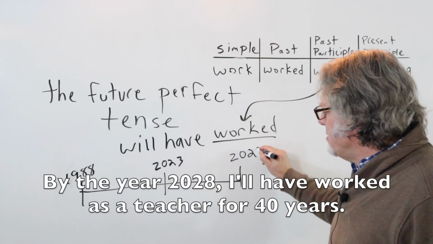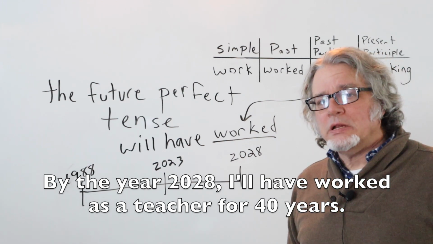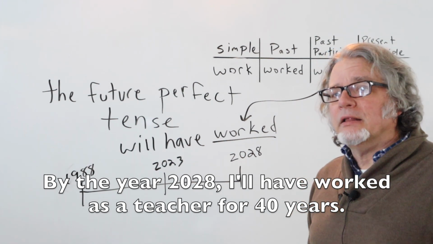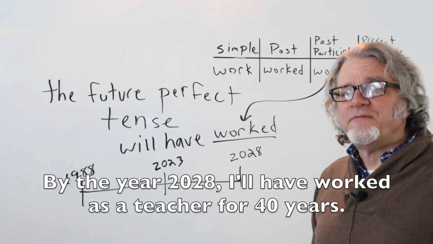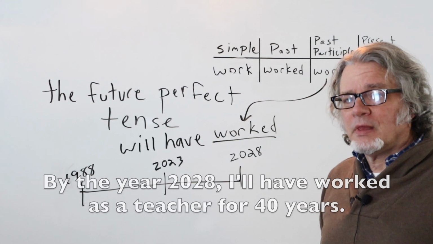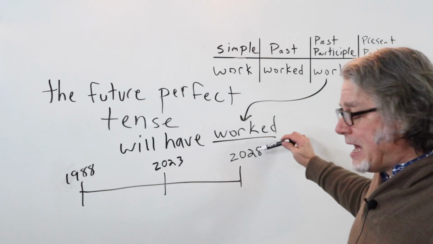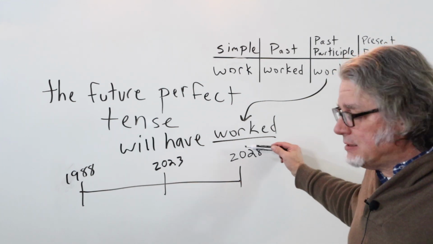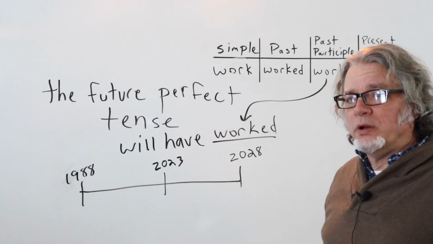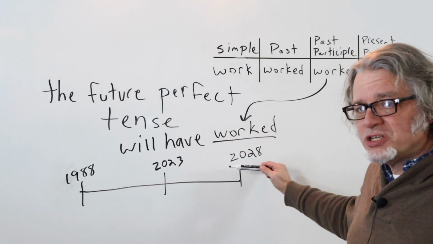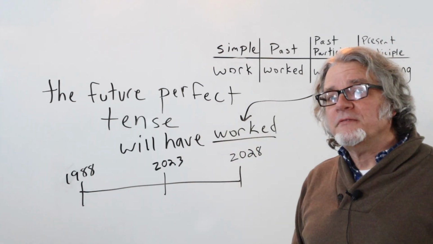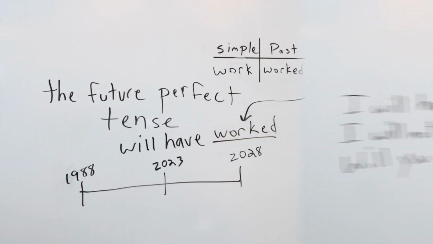By the year 2028, I'll have worked as a teacher for 40 years. But we're not in the year 2028. We're in 2023. However, I can talk about the situation by using the future perfect tense.